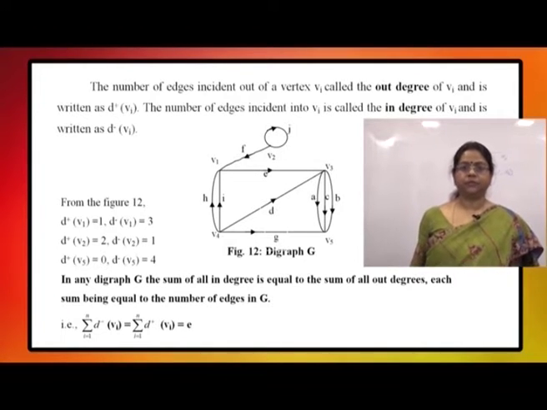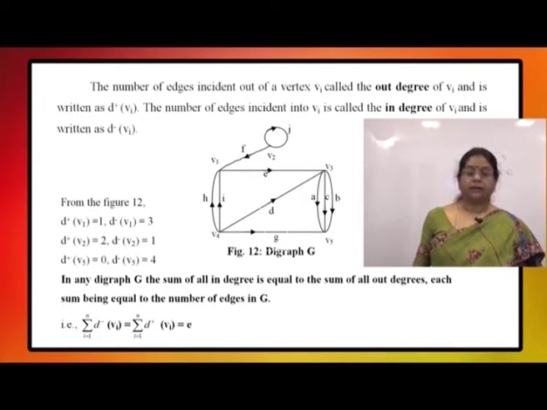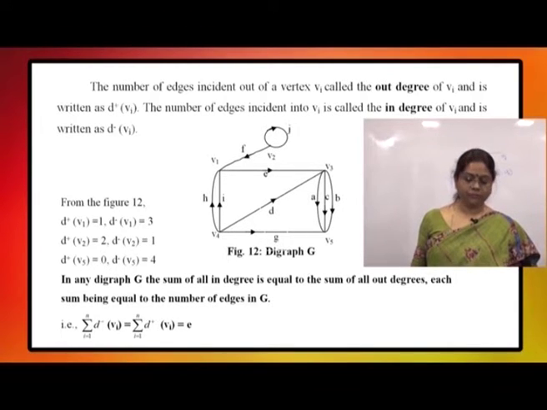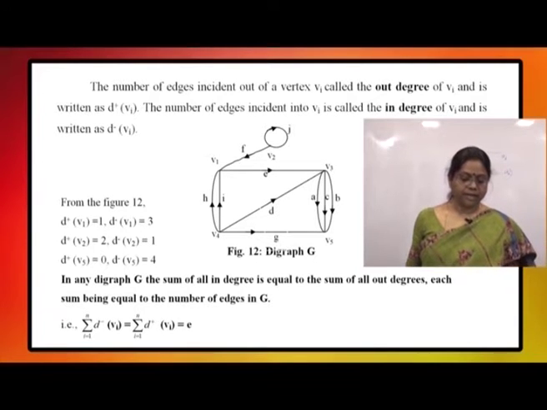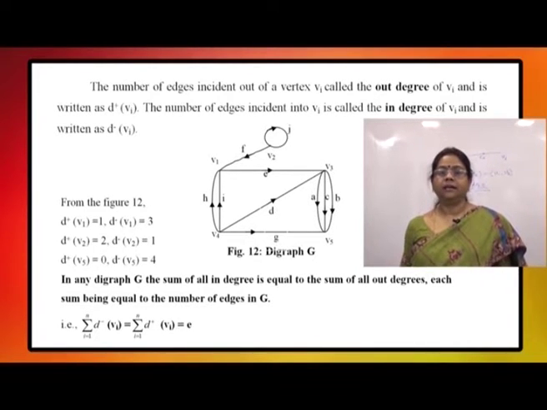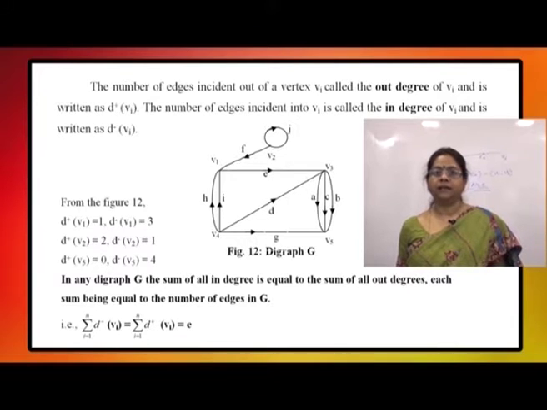To differentiate these two phenomena, we call this the out degree of V1. Out degree of a vertex is the number of edges incident out of a vertex, and in degree is the number of edges which are coming to the vertex Vi, and they are denoted by D plus Vi and D minus Vi.